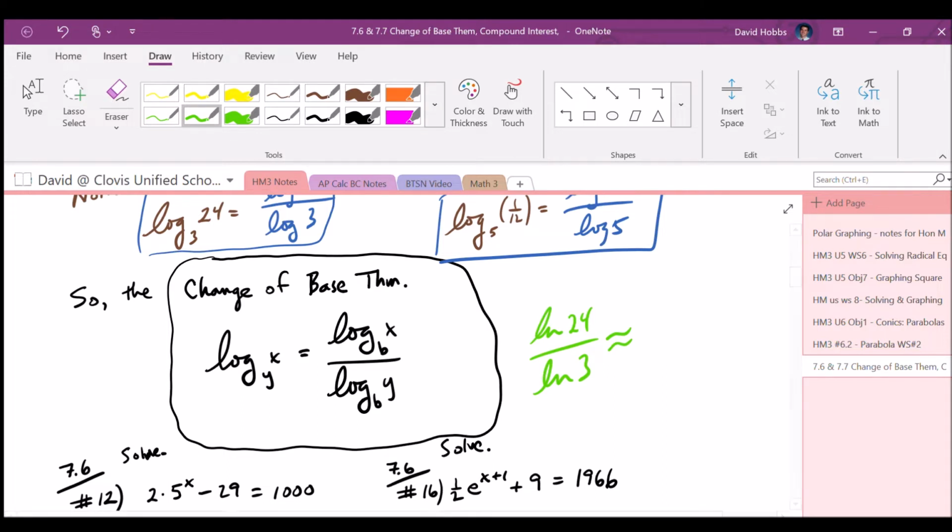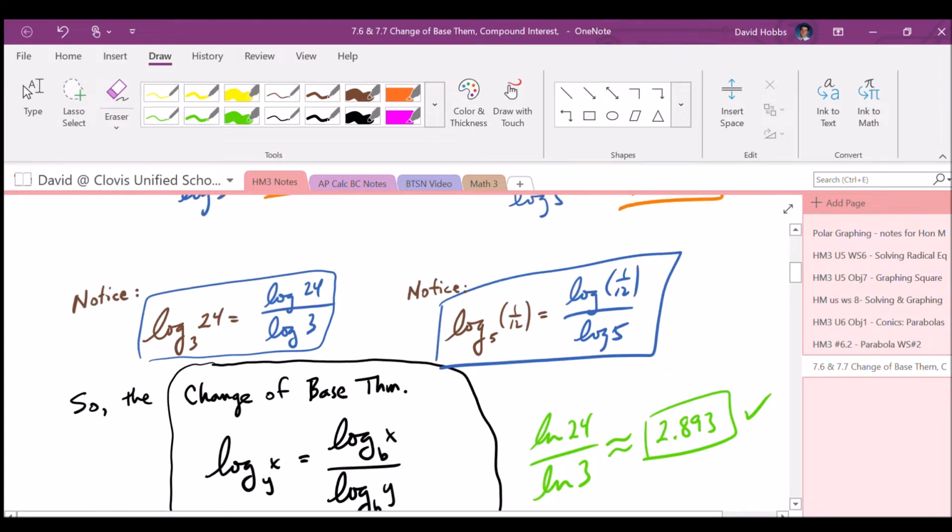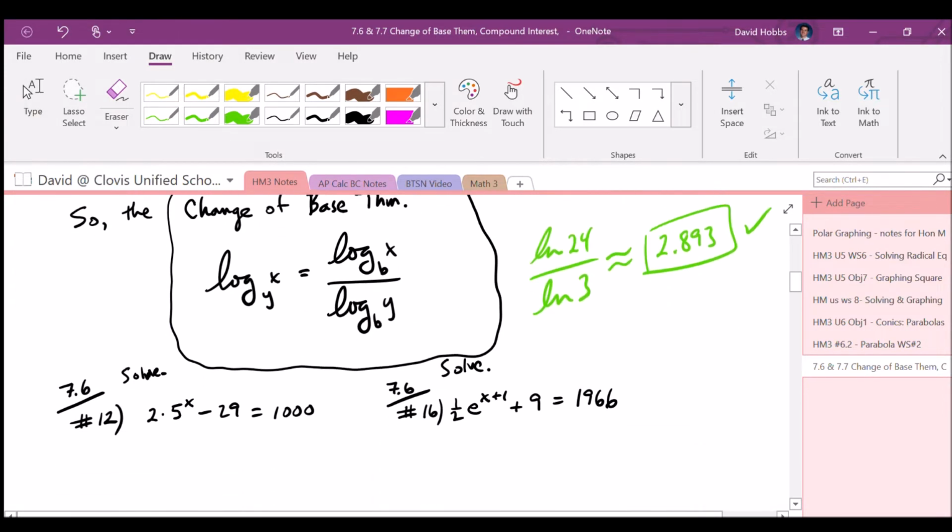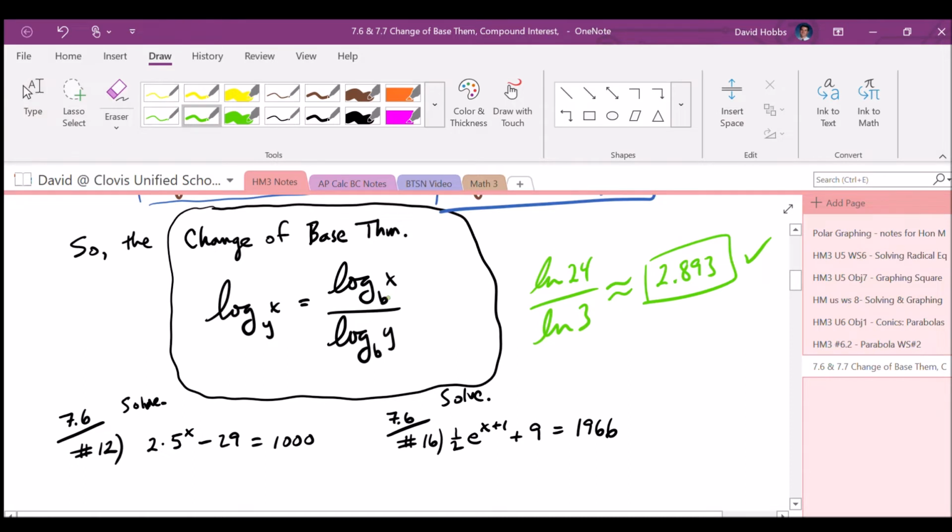What you find out, and you need to try it, is 2.893 approximately. And that's exactly what we had before. That's the change of base theorem, as long as the base for the top and the bottom is the same. In natural log, the base is e, and so that's why it still worked out. Every scientific calculator knows at least base 10 and base e.